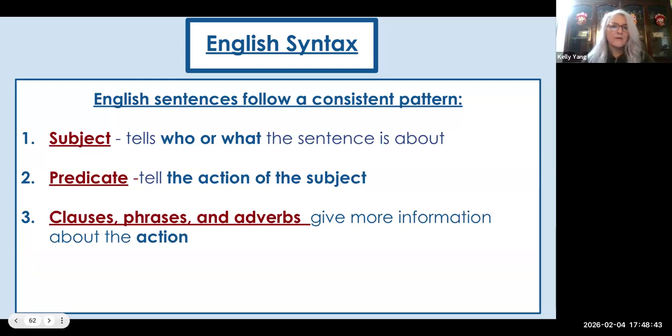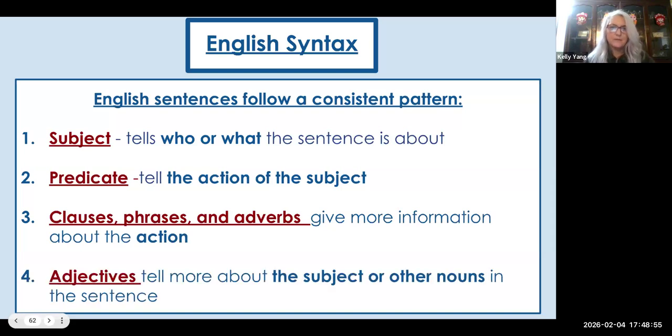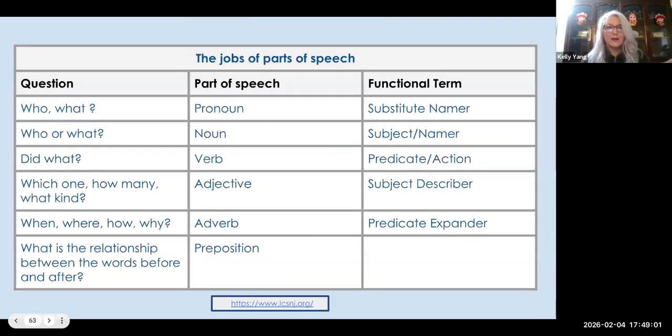Then we have clauses, phrases, and adverbs that can give more information about the action, and adjectives or describers that can give more information about the subject. That's how we expand our sentences. When we get into the three and the four, those expanders, expanding the predicate and describing the subject, that is what makes your sentences complex.